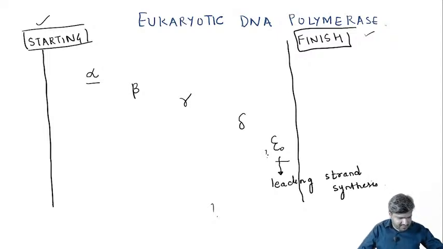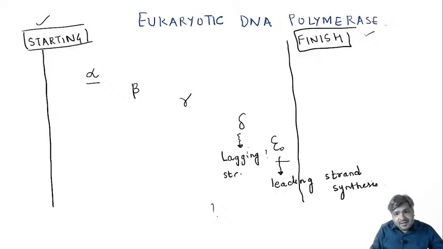I cannot see the comments. So the one which is just lagging behind the leading one is delta. DNA polymerase delta, yes, Kanchandeep, very good. Karanveer, very good. So DNA polymerase delta basically helps in the lagging strand synthesis, guys.